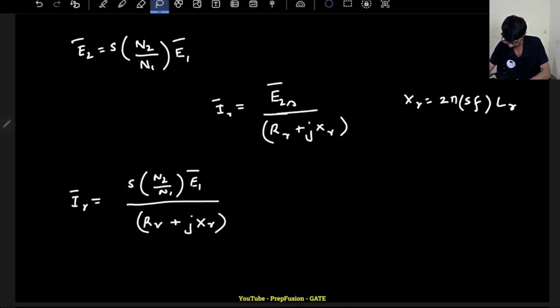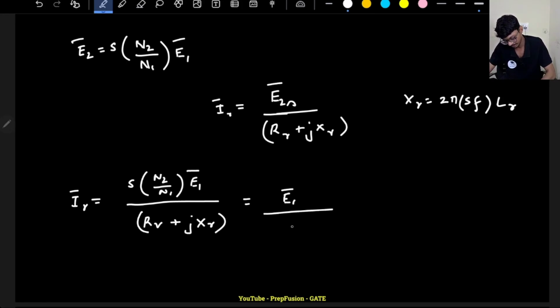So let me write the vector. This is equal to E1 bar divided by, if I divide by this value, RR divided by S into N1 divided by N2 plus j.